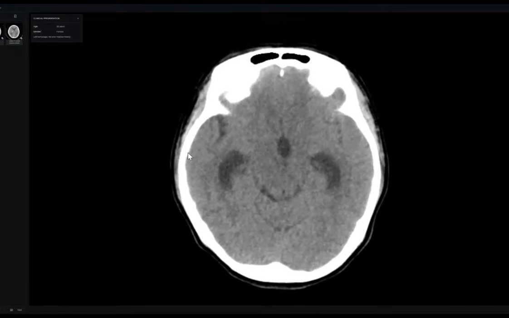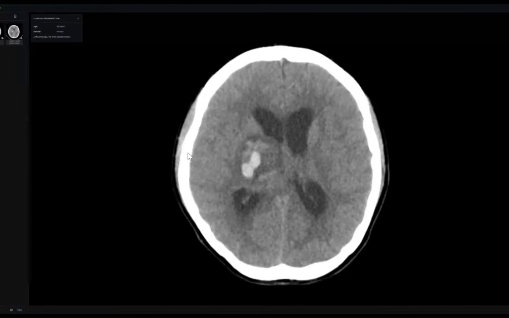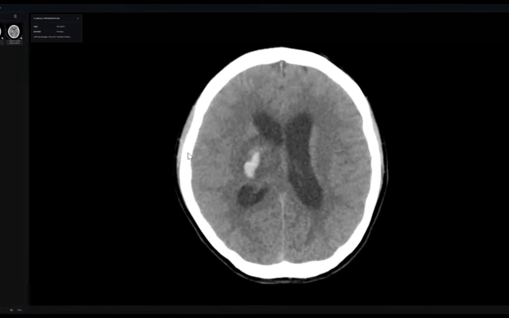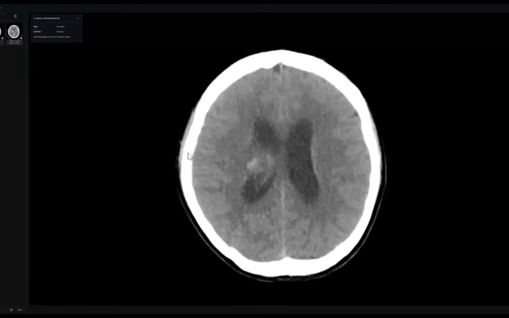Okay, there is some degree of hydrocephalus noted because of this abnormality. I am just scanning the rest of the brain to see for any other lesions.